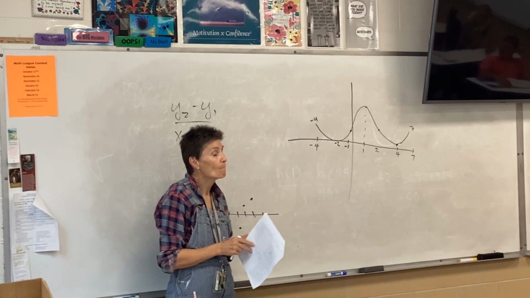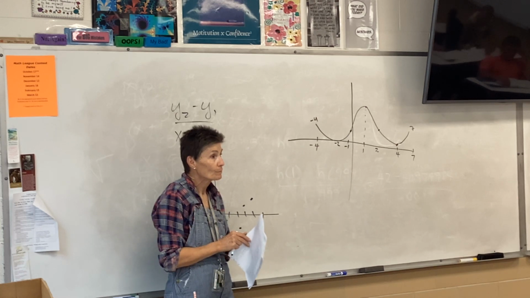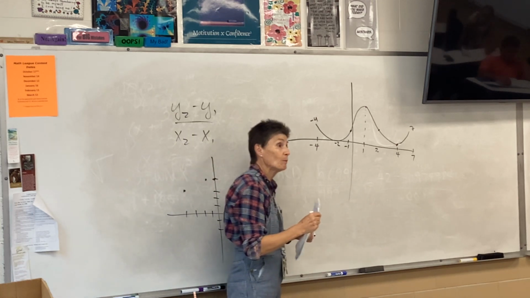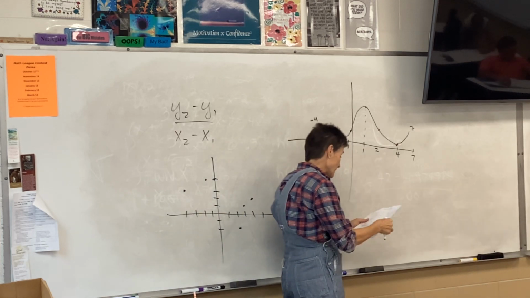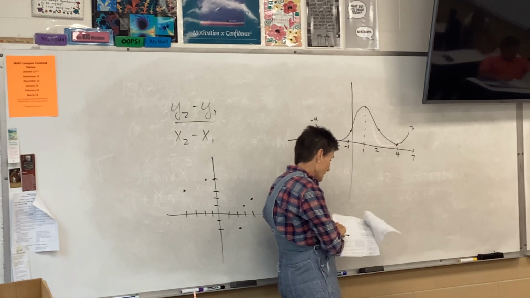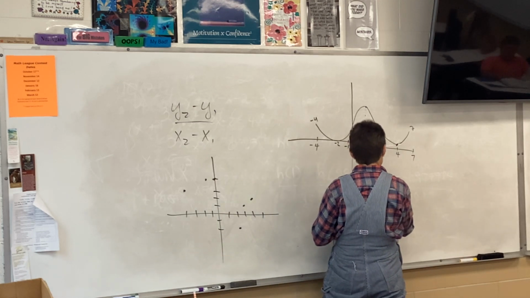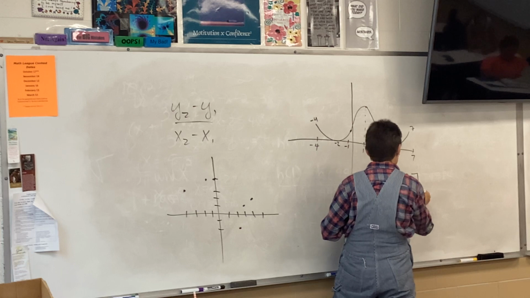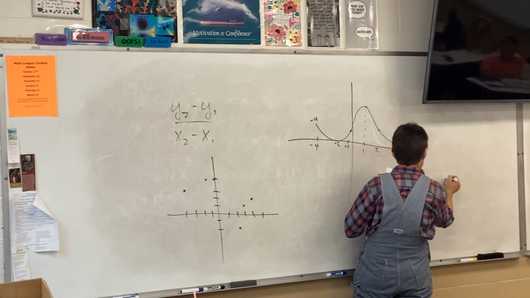On the 1.2, we do the instantaneous rate of change. Well, I can't do that one without doing the ones above it. So I already did this interval, and I got 20.016.